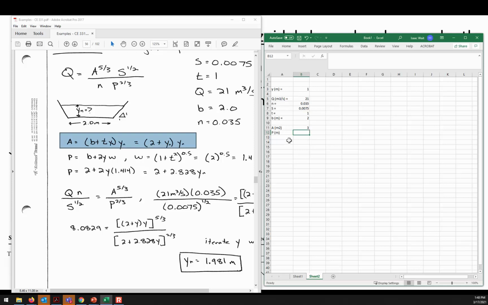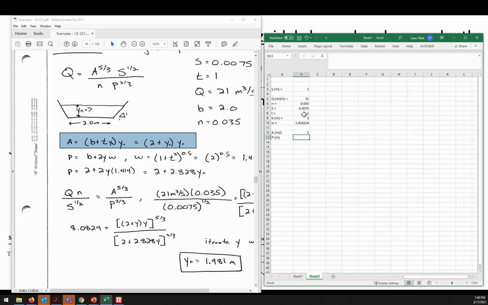Now the wetted perimeter, I need to have this intermediate term W. So let me also define here W. And the way that we do that is it is 1 plus T squared, to the power of 0.5.